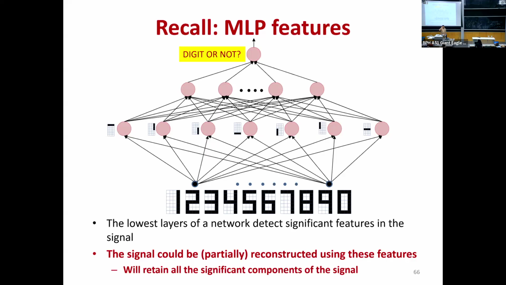It's looking for horizontal patterns at the very top. Maybe the second one is looking for a vertical bar to the right. So the weights would look like a vertical bar to the right. Maybe the third one is looking for a vertical bar to the left. So each of these neurons is going to end up representing one pattern that it's actually looking for in the input.